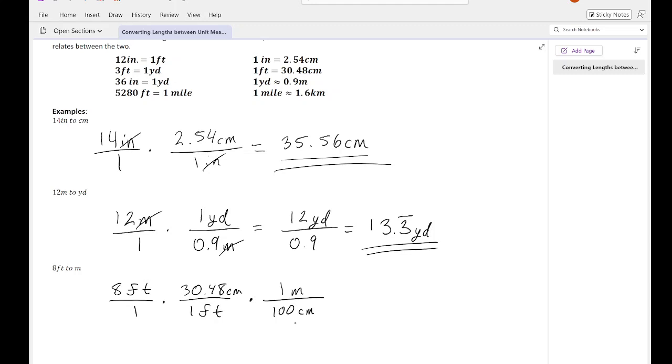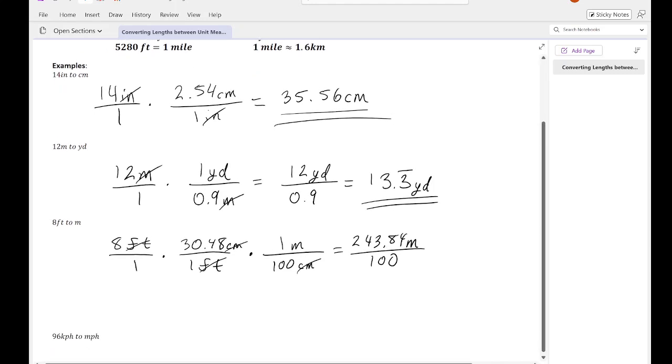So these are equal. Now I can cancel. Feet cancel each other, centimeters cancel each other, and now I just do the math. So 8 times 30.48 times 1 is going to give me 243.84 meters divided by 1 times 1 times 100.